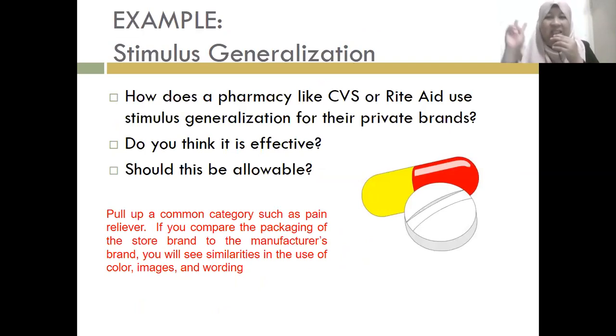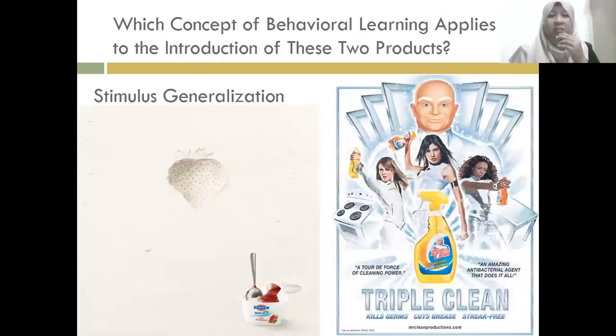They have different brand names, but the functions and features are the same. They fall under common categories such as pain reliever. When we have pain, we take and consume paracetamol, for headache for example. If you compare the packaging of the store brand to the manufacturer brand, you will see the similarity in the use of color, image, and wording. It's almost the same, no different after all.